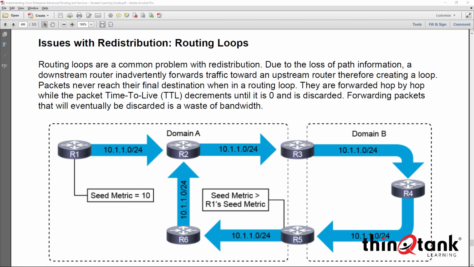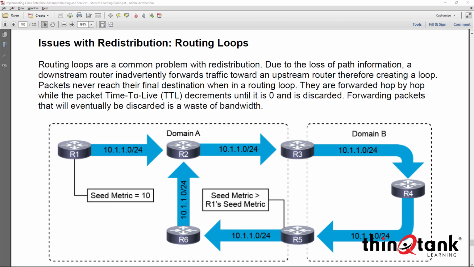And that seed metric provides the reference value, if you will, to accommodate the routing for a particular topology. Elevating the seed metric would make the path less preferred compared to an identical route with a lower metric.